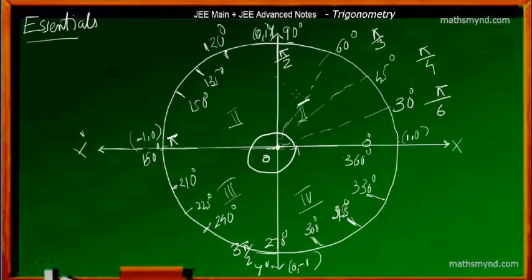The next thing we are going to do is write the same radian measures in all the quadrants, repeating them through the entire circle. Note that we haven't completed the measures, so this is just a step towards that. So this is pi by 3, pi by 4, and pi by 6.